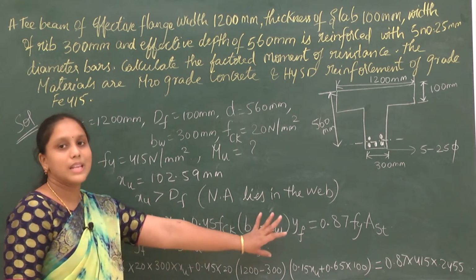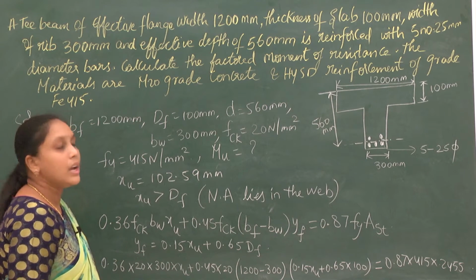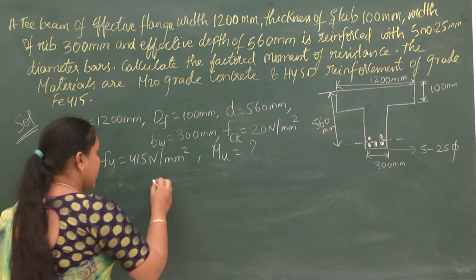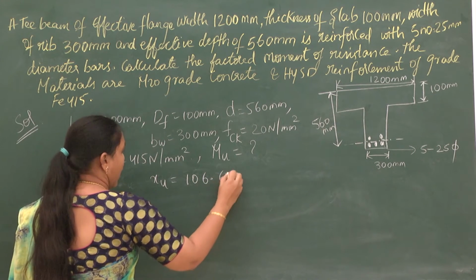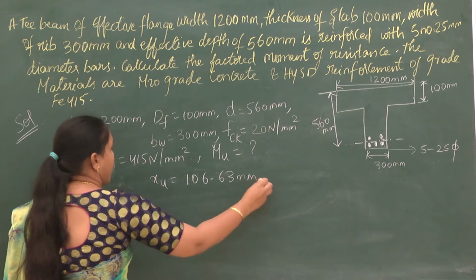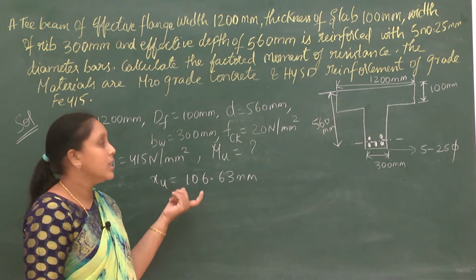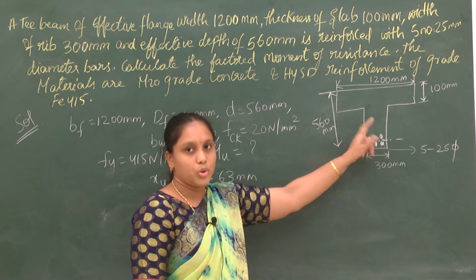Now what you have to do? You have to solve this entire equation. So if you solve this entire equation, you will get the value of XU. The value of XU you will get here is XU equal to 106.63 mm. So this is the neutral axis depth when the neutral axis is lying in the web portion.